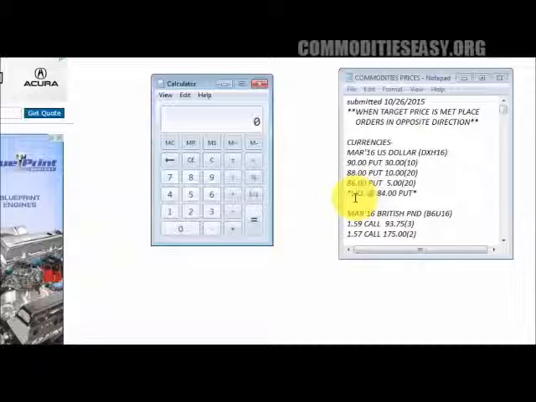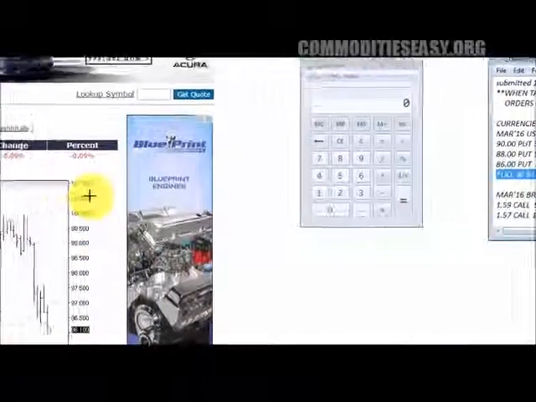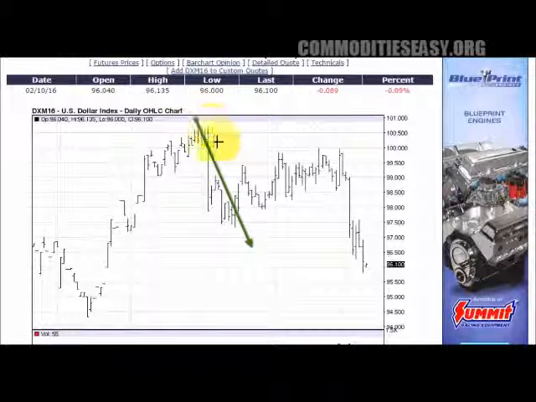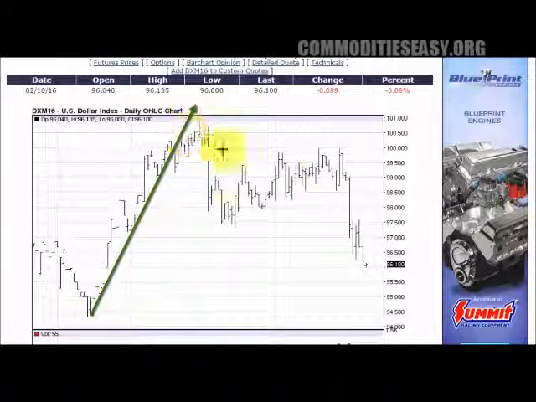In case you're concerned, this LIQ right here, that's liquidate at put. And put is when a commodity or an option goes down in price, and a call is when a commodity goes up in price.